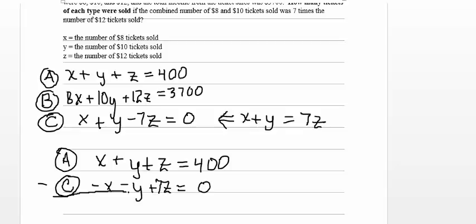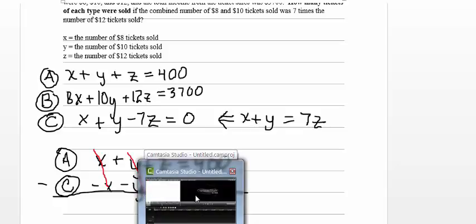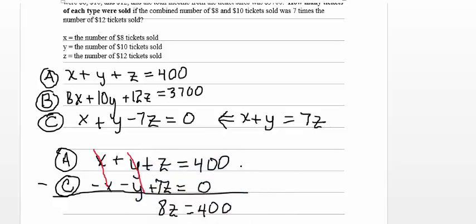When I add this, not only do I eliminate the x, but I also eliminate the y, and I get 8z equals 400. This is unusual, to work with two of the equations and eliminate two of the variables. And that allows me to find that z is 50 right off the bat.